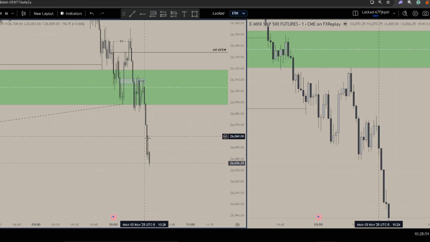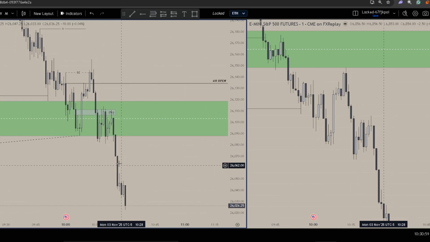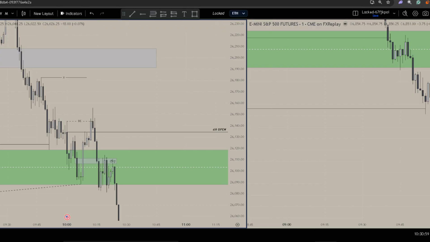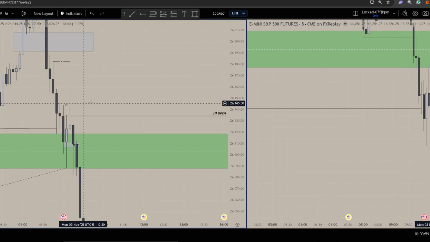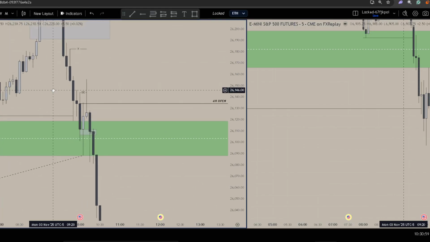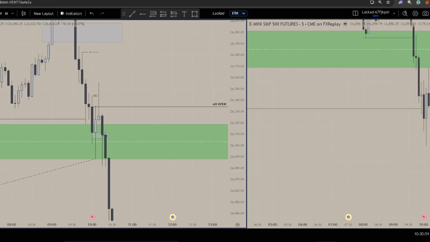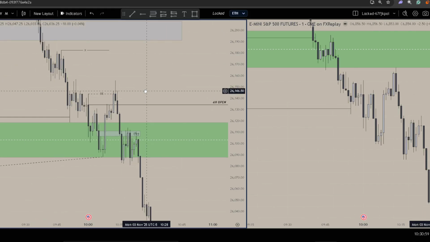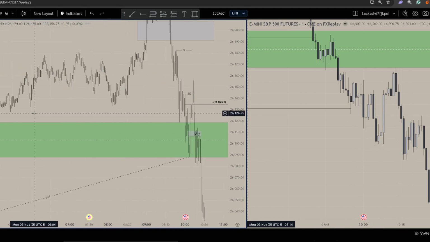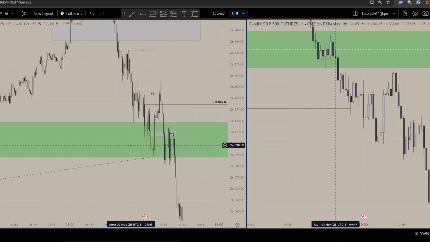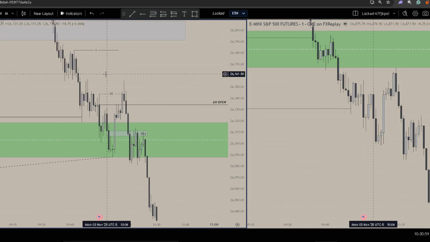Okay. Ooh. Okay, 10:30. That's around the time I would have got off. Now let's just break down this trade. See if there was really an entry model that we could have taken. 5 minute. To be honest, there was really nothing we could have taken.